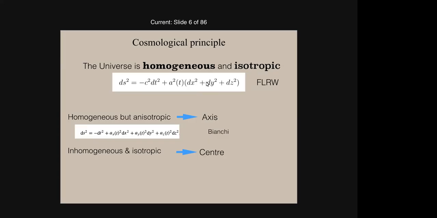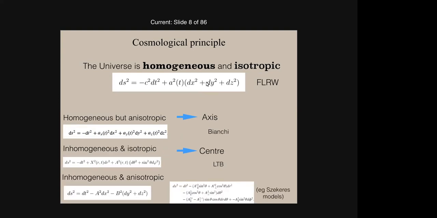That's much easier to imagine. In that case, you will have a preferred center. An example of this is the Lemaitre-Tolman-Bondi universes. And then it can be much more complicated. It can be neither homogeneous nor isotropic, and then you'll have a very complicated metric, as you see here. An example of a model like that is the Szekeres models.